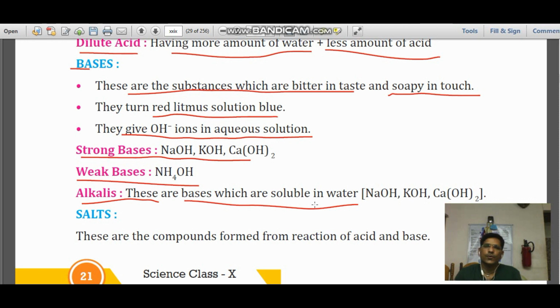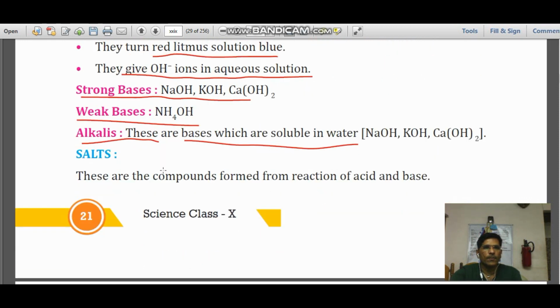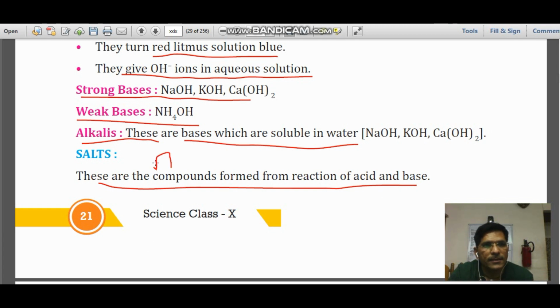Now, salt. What is the meaning of salt? Compounds formed from the reaction of acid and base are called salt. Acid plus base gives salt plus water.